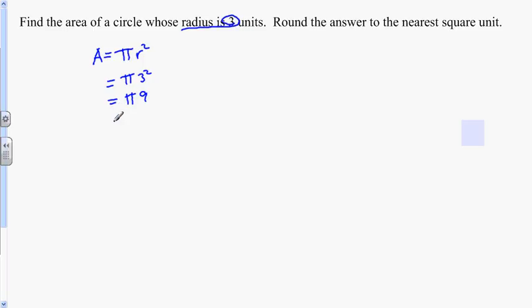And if we multiply that, we get 28.26. It says round to the nearest square unit, so that would be 28 square units. We don't know what the units are, so we'll just say square units. So again, a little review of how to use the formula.